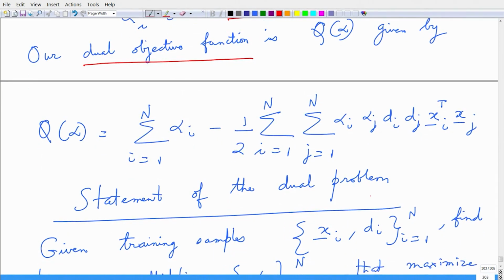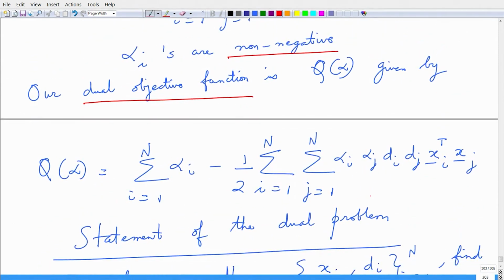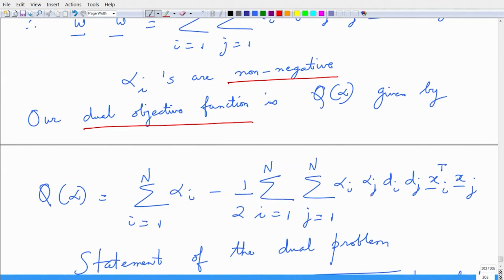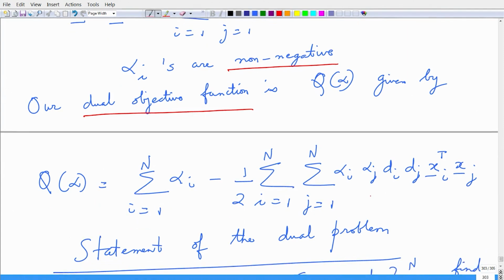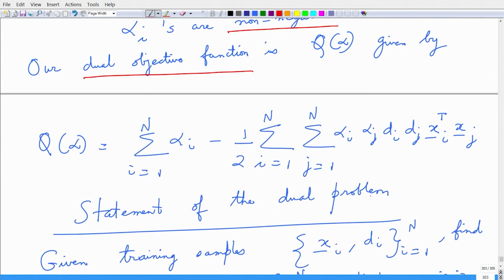So, this q of alpha is basically summation i equals 1 to n alpha i minus 1 half summation i equals 1 to n, j equals 1 to n alpha i alpha j di dj xi transposed xj. So, this is my setup.